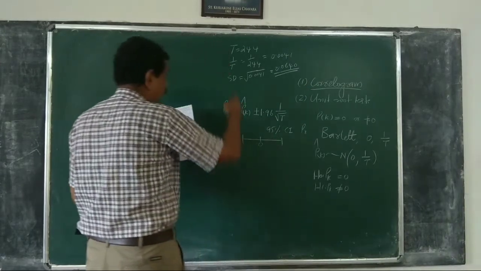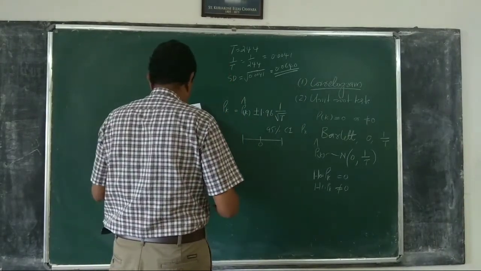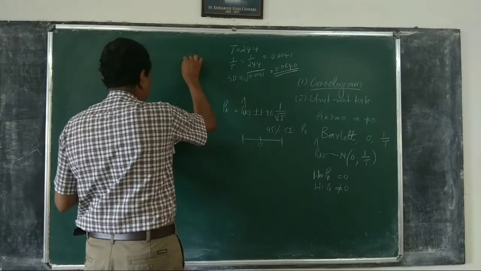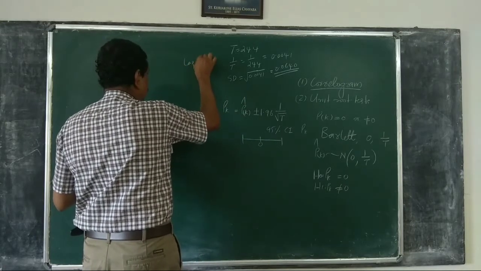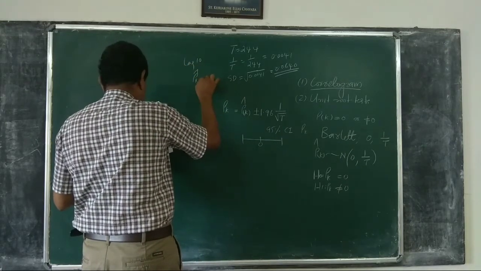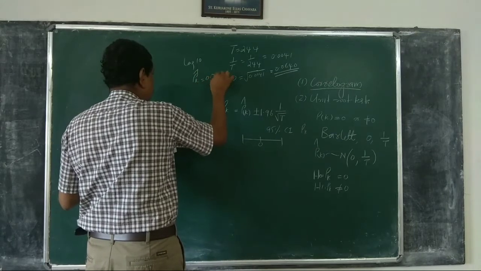Now, 95% confidence interval, and suppose that for lag 10, rho hat k is equal to 0.78.